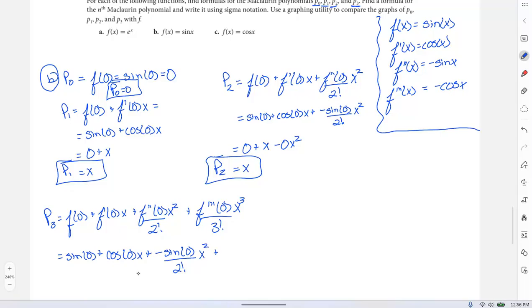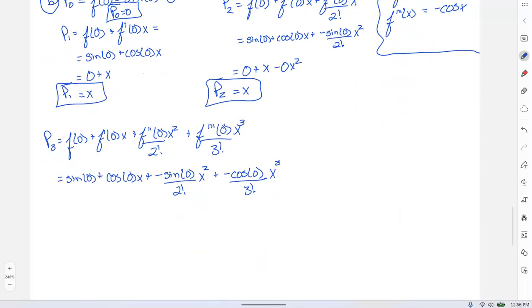And then the triple prime is negative cosine of 0 over 3 factorial times x cubed. So let's simplify this. We know sine of 0 is 0. Cosine of 0 is 1. So this is going to be x minus 1 over 3 factorial, which is 1 over 6 times x cubed. So there's our P3.